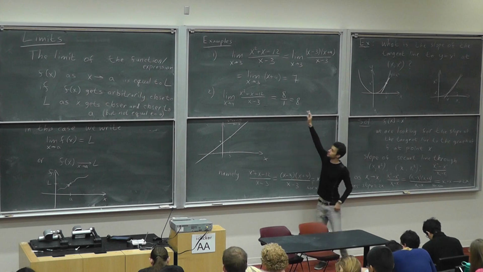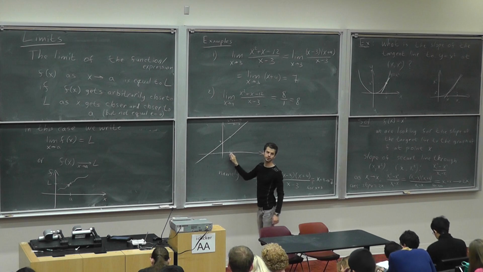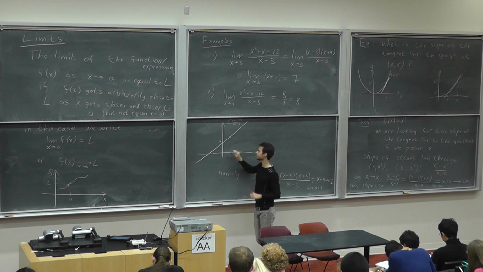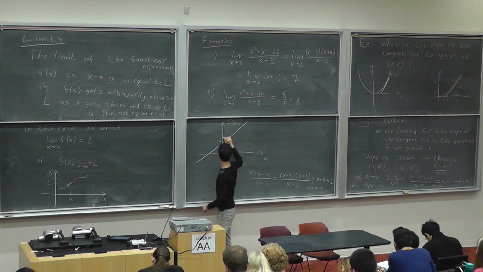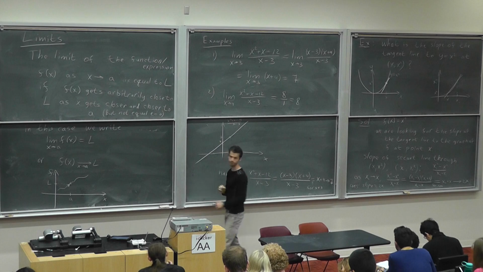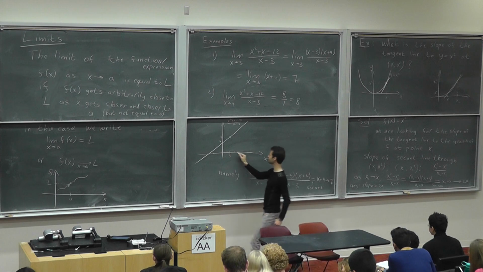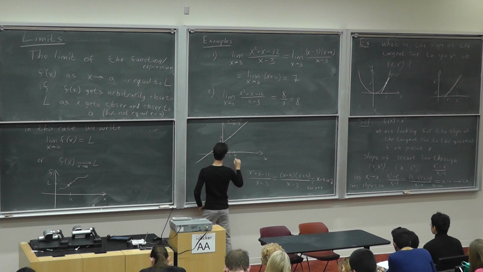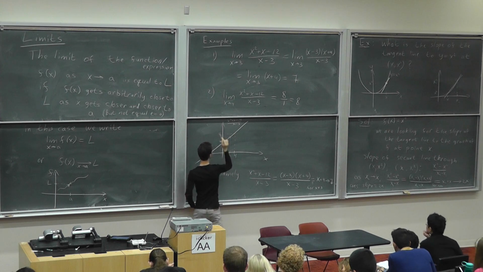So what we did in the first computation, we argued that when x is close to 3, but not quite equal to 3, my function gets closer and closer to the value 7. In the second computation, we argued that when x is close to 4, my function is close to 8.